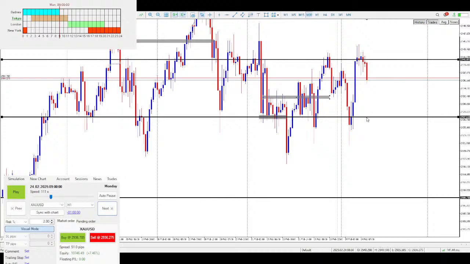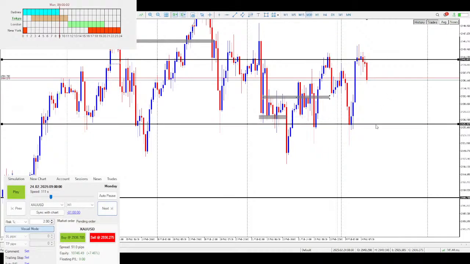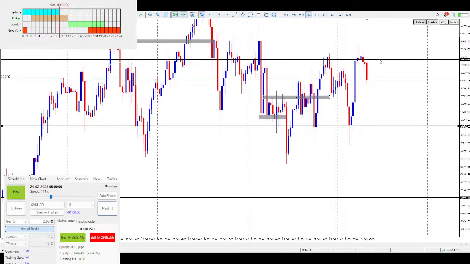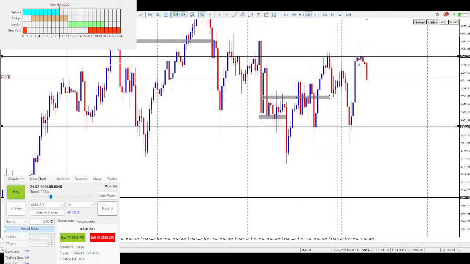So we go to the 30 minutes time frame. Since a high has been formed, maybe wait for a support to form. For now we don't have a setup. Price from a high, it's retracing.